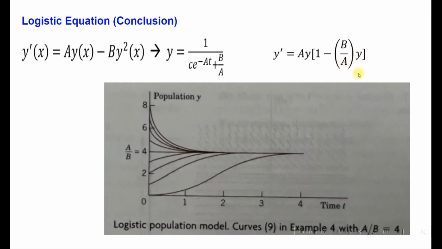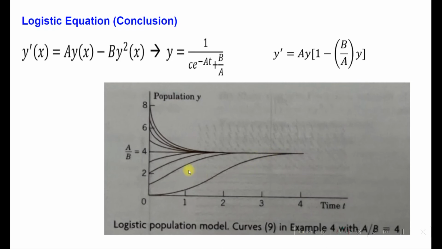For example, if y starts somewhere below a over b, the population will enjoy a positive exponential growth, and it will stay that way until it reaches the limit.